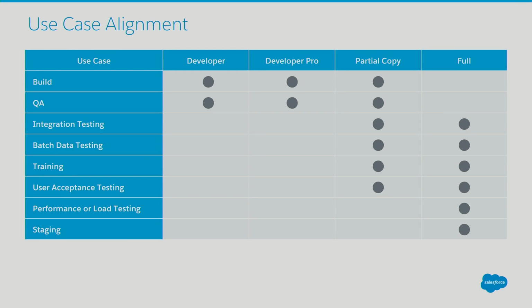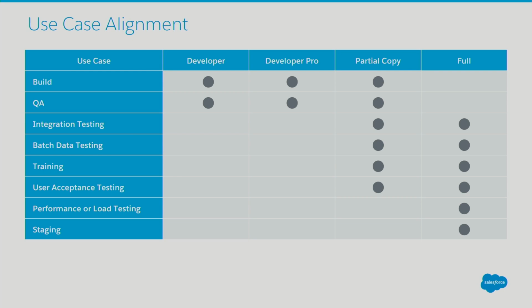So we have a great slide here on use case alignment. I use this with my customers all the time because I think that this is a very handy reference point. Your developer and your dev pro boxes are ideally suited for building in isolation, as I mentioned before, and some limited QA type of purposes. As you get more complex with the type of testing that you need to perform, you're going to want to move into your partial copies and your full.